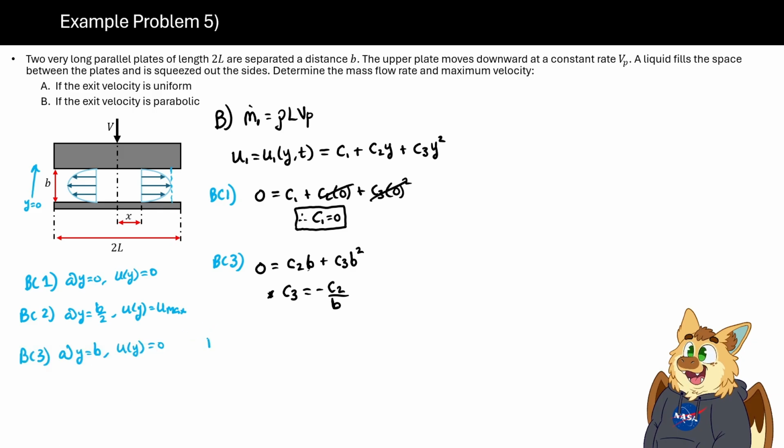Let's go to boundary condition 2 now. For this, we have u of y equal to u max, which is equal to C1, which is 0, plus C2 times y, which is b over 2 in this case, plus C3, which we can plug in from this relationship, so that would be negative C2 over b, times y squared, which would be, excuse me, b over 2 squared.